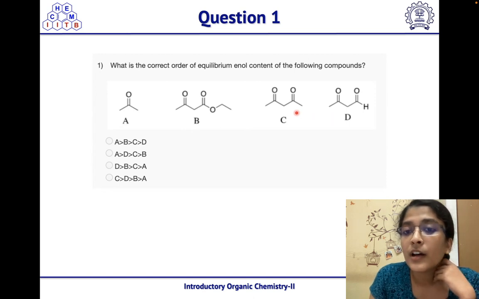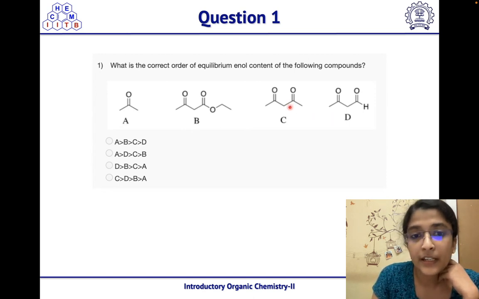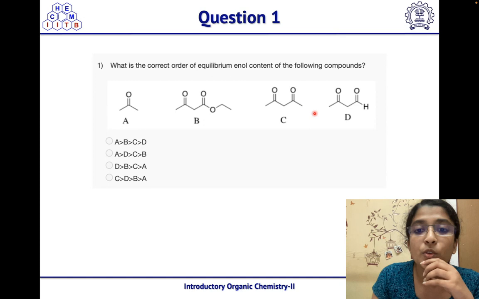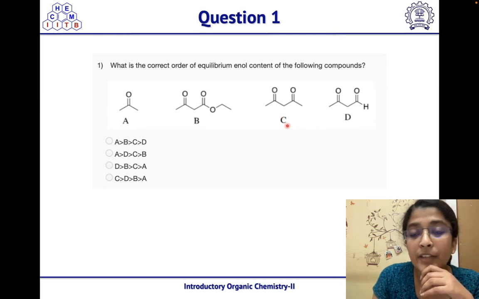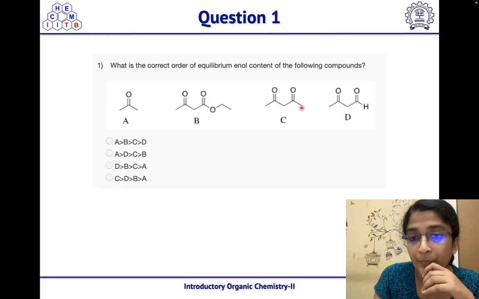I hope so. Out of these four, A will have the least enol content, and we have to sort out which of these three has more enol content. Here, C will have more enol content because there will be resonance stabilization and also a hyperconjugation effect from these methyl groups.